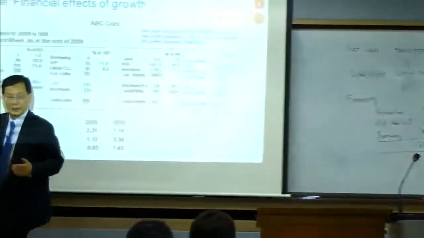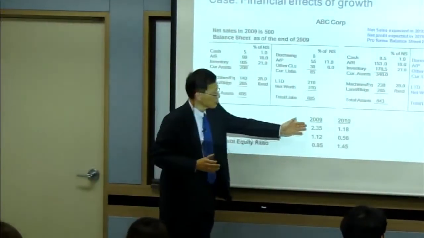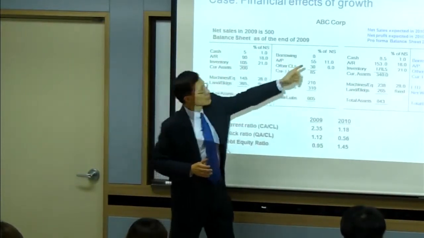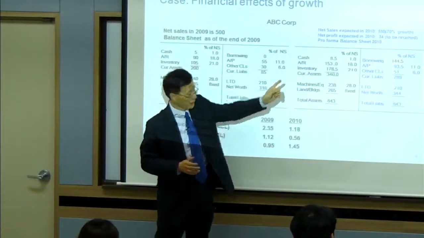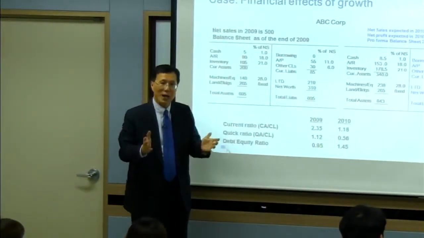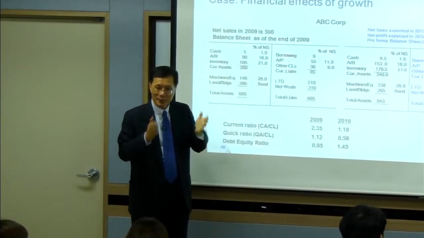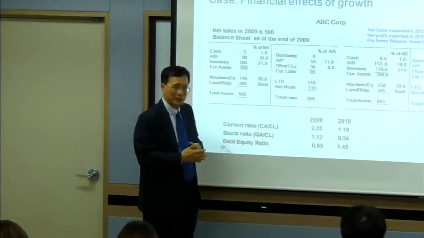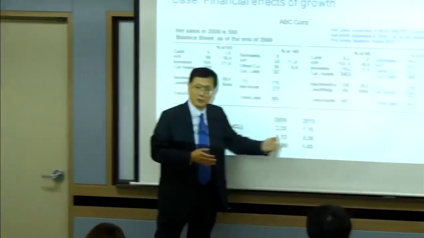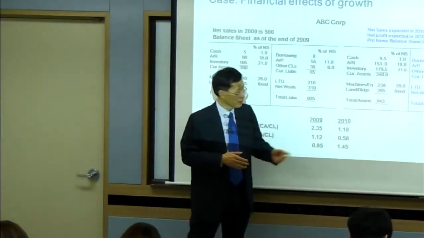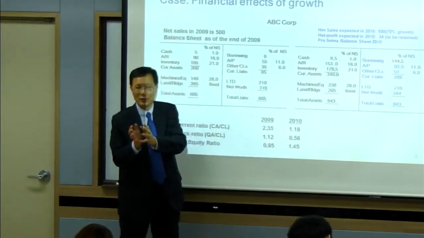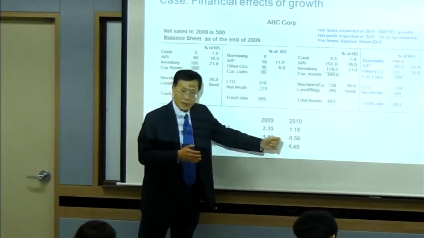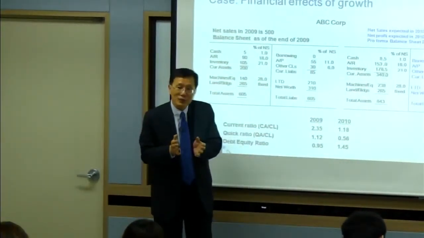Look at this. Current ratio was 2.35. But after this massive growth, current ratio has come down to 1.18, substantial decrease in current ratio, and another substantial decrease in quick ratio, it's 0.56. For each dollar of current liabilities, the liabilities that come due in 1 year, the company has only 56 cents.